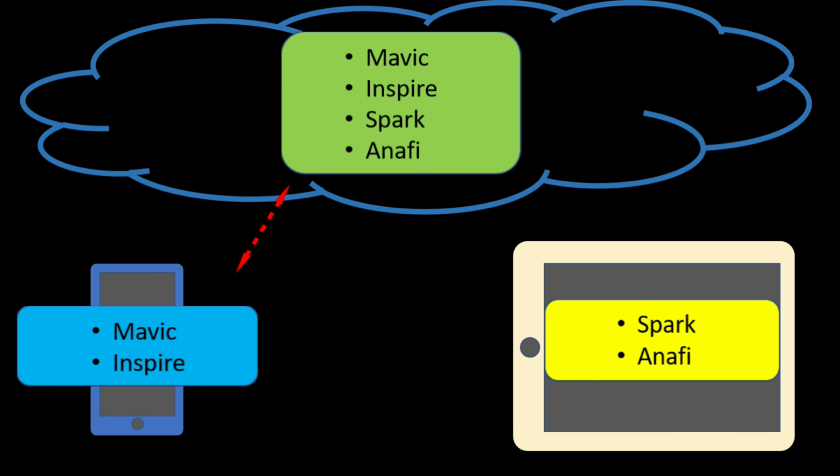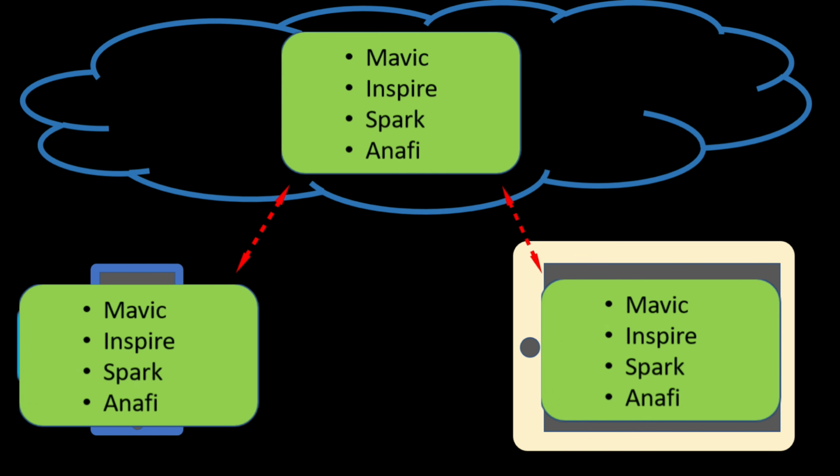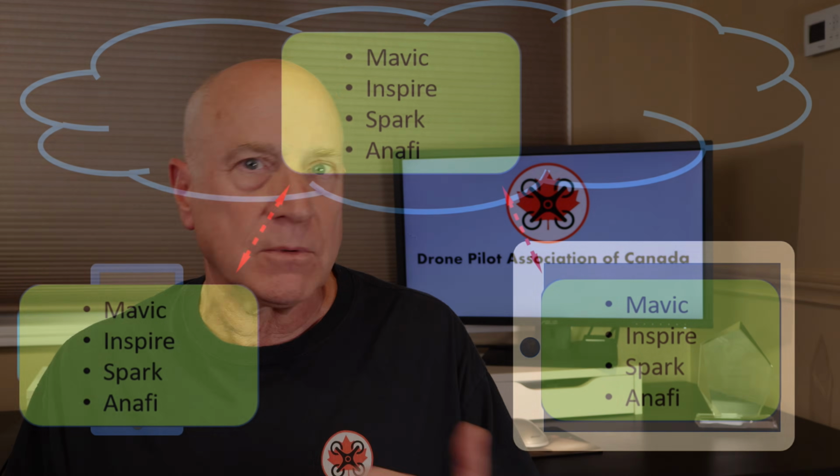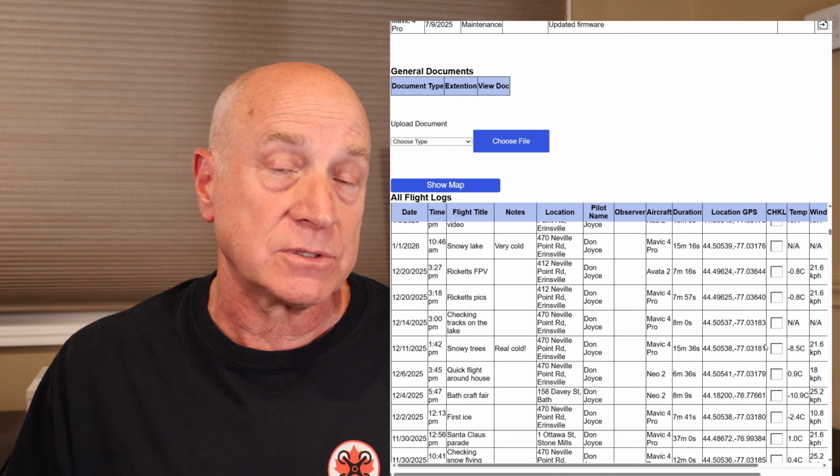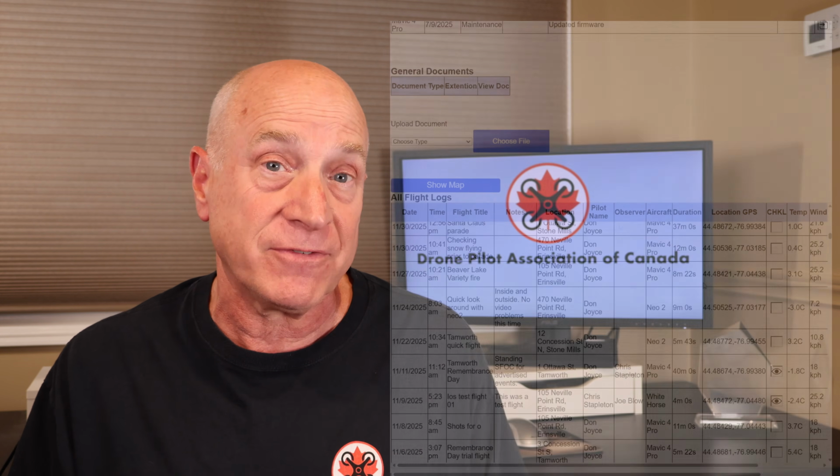Data is synced instantly whenever you have internet access, and it works across both iOS and Android devices seamlessly. By the way, team data is also available on PC browsers. This is powerful stuff.